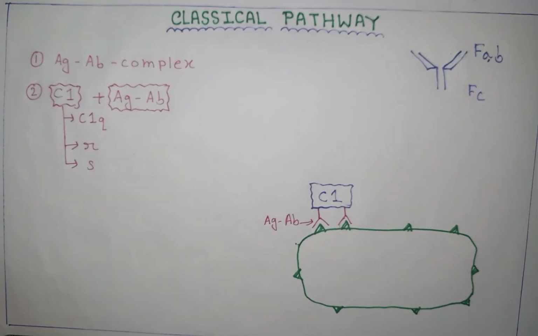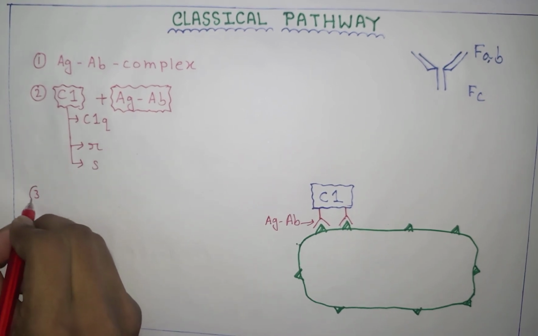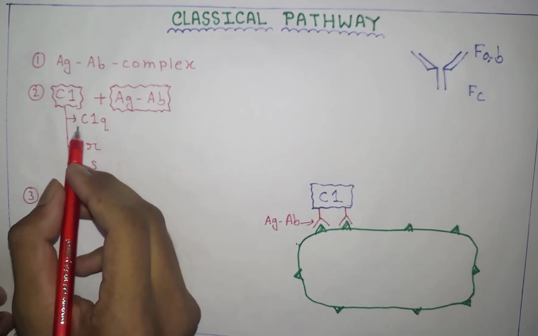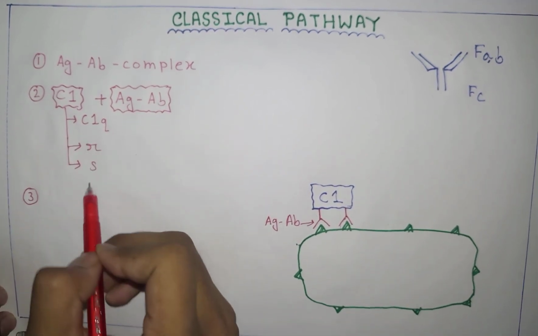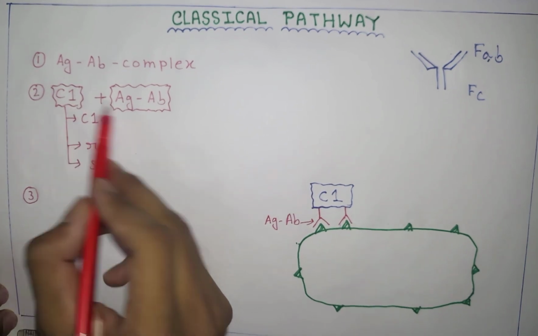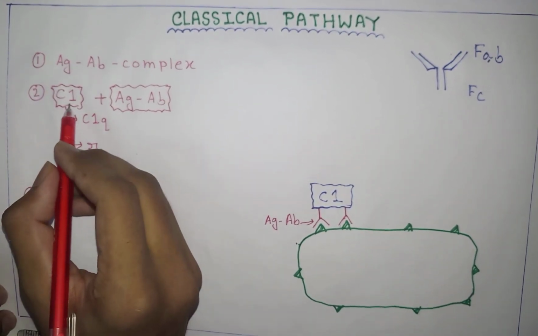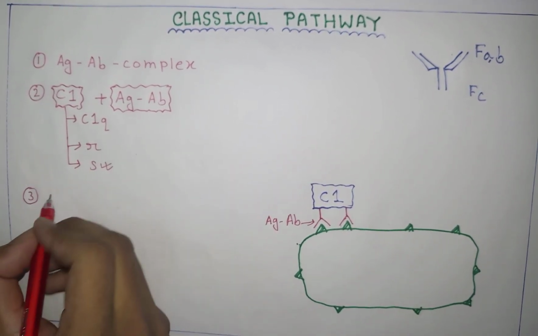Now let's see the third reaction. Before this, I told you that C1 consists of C1q, R and S segments. When this attachment happens, the S segment of the C1 complement gets activated.